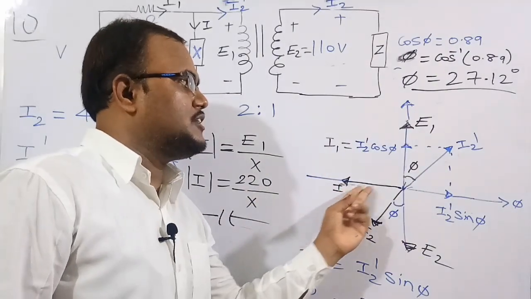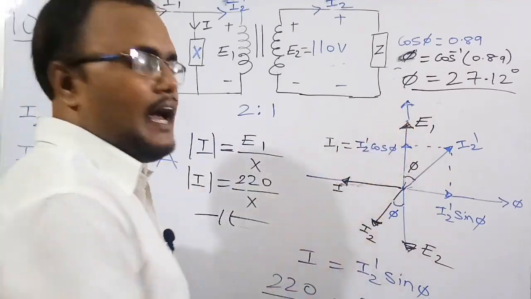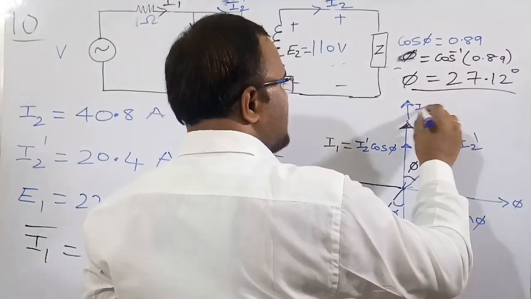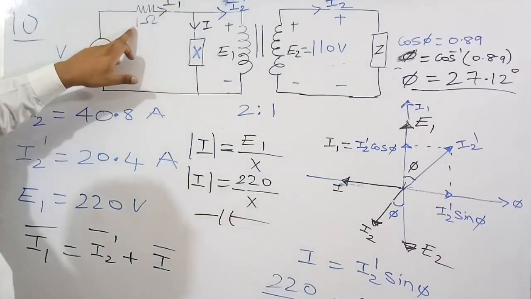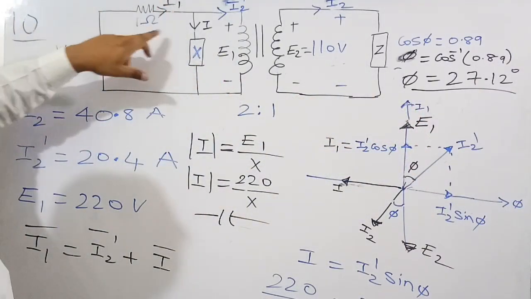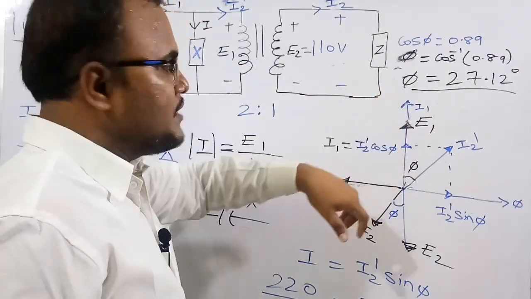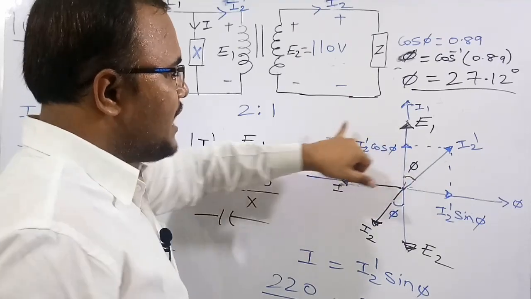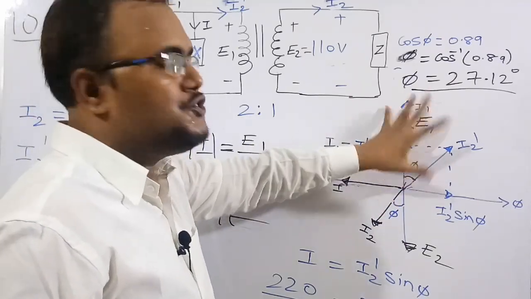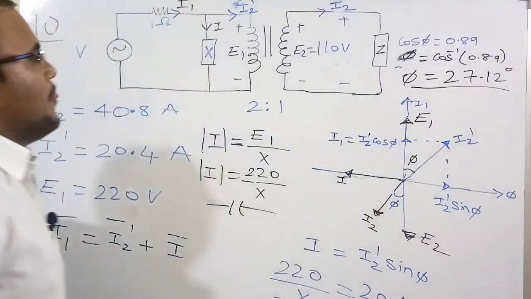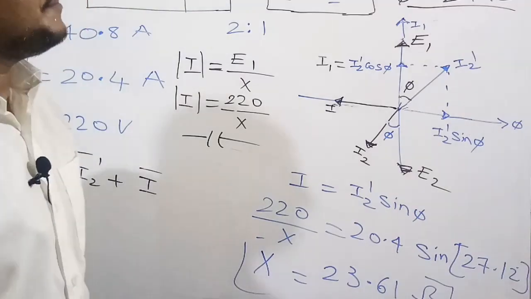Whenever it is a capacitor, then only the supply voltage, which is a summation of E1 and I1, where I1 is 1 into I1, so that is why this voltage is I1. The summation of these two things is a straight line, and similarly the net current I1 is also in the same phase. That's why it is a unit power factor. The answer is 23.61 ohm. I hope you understood this numerical.